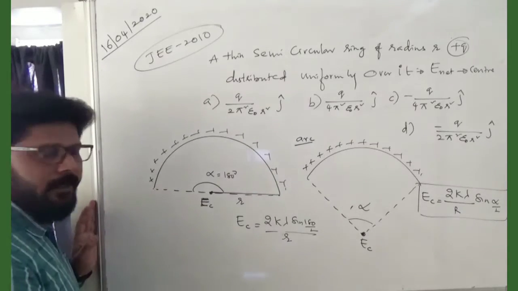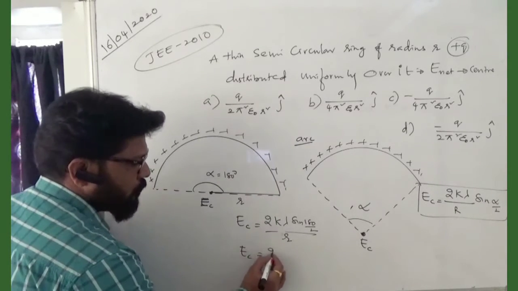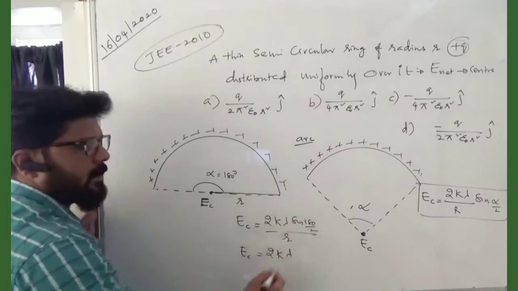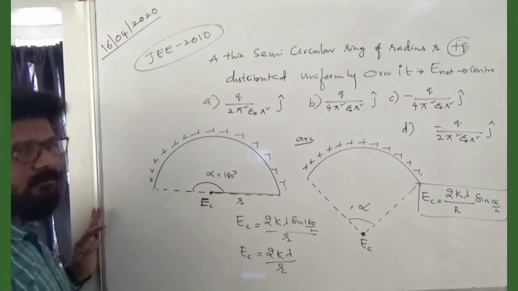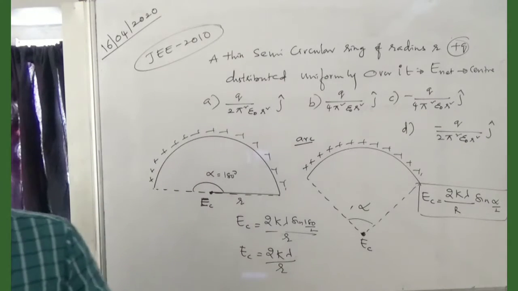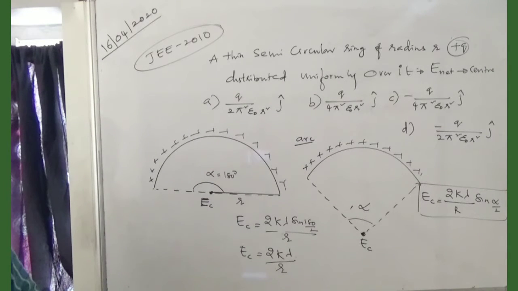Sine 90 is 1, so E is 2k lambda divided by r. But it is not in that form, right? Yes or no?